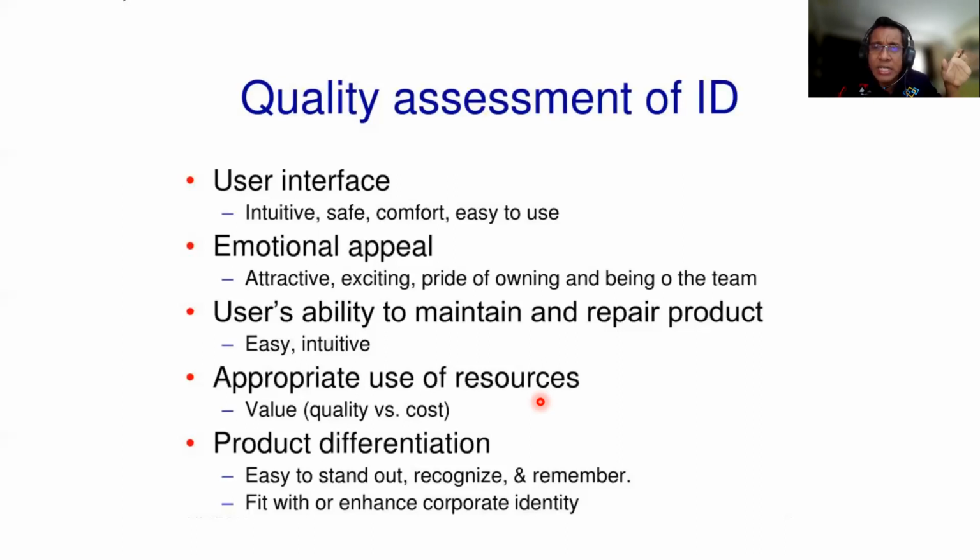So the differentiation arises from the appearance. For example, the customer can see this product and can identify and distinguish it because of its appearance, its looks. So that is product differentiation.